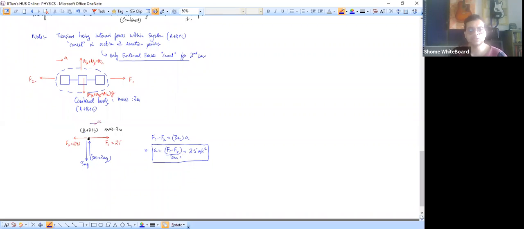Okay. Now see, once we have got the acceleration, the next thing is how do we get the tension? For that, we have to make the individual FBDs, free body diagrams of at least 2 of the blocks.